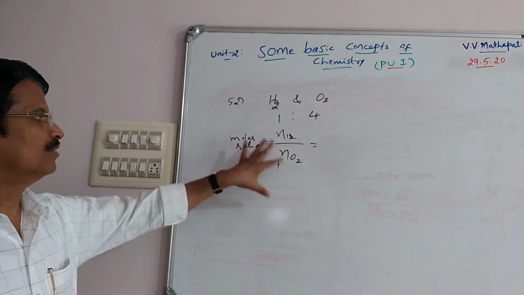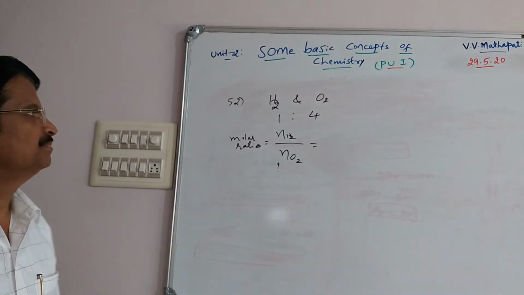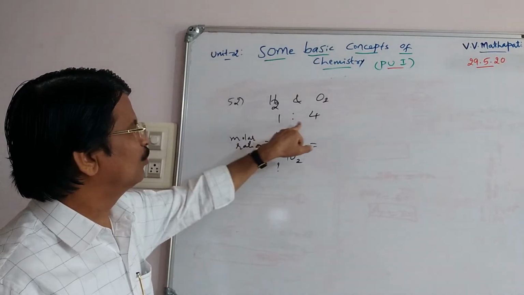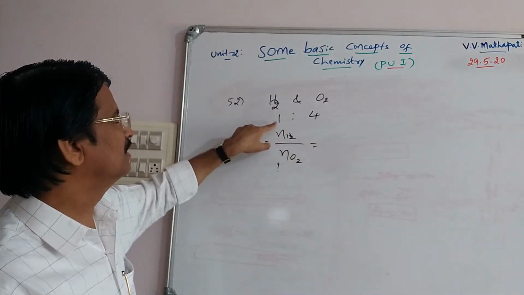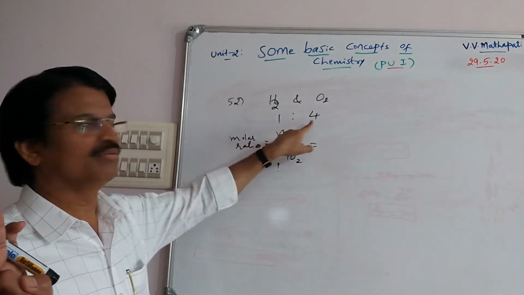Find the molar ratio of H2 and O2. Here they give 1:4 by mass, which indicates 1 gram of hydrogen and 4 gram of oxygen.